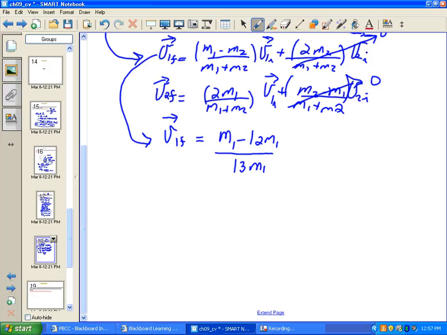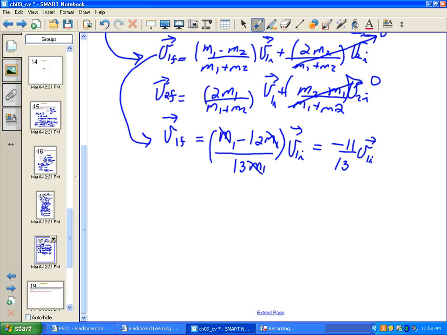That is m1 plus 12m1, times v1 initial. We can combine the m1 minus 12m1 to end up with minus 11/13. The m's are going to cancel. Look at this. Works very much in our favor.